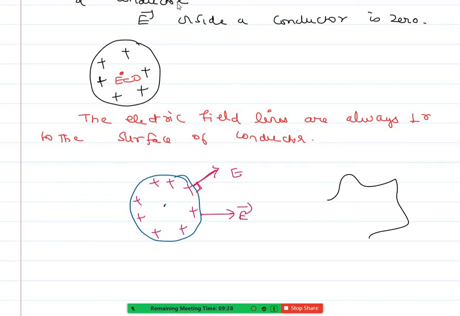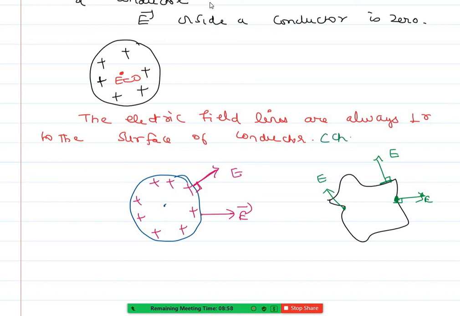If you take any irregular shape, first find the perpendicular to the surface, draw that, and then draw the electric field. Electric field is always perpendicular to the surface of a conductor. Is it clear?